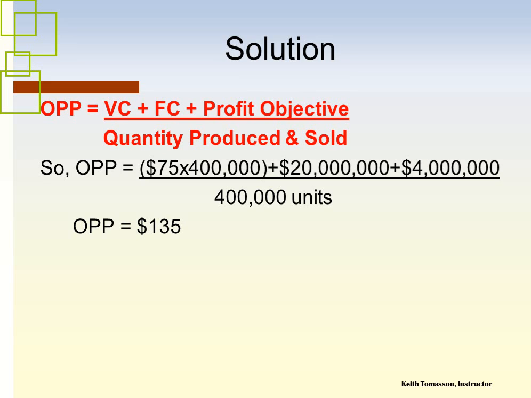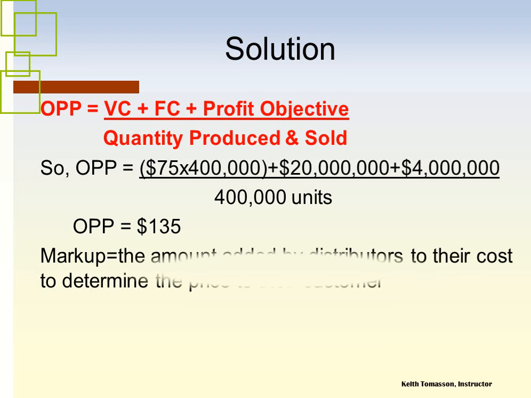We need to be able to sell our cell phone to the distributor for $135. So we must consider whether that price is competitive, whether it is accepted by our distributors, and whether that price is consistent with our branding strategies.